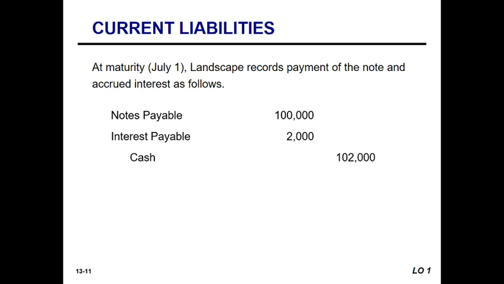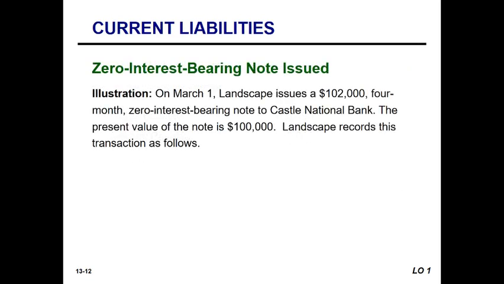Now, the zero interest bearing notes, those are a little bit more complicated, right? So, a company may issue a zero interest bearing note for any number of reasons. What that means is that the note itself does not explicitly state the interest rate on the face of the note, but interest is still being charged.